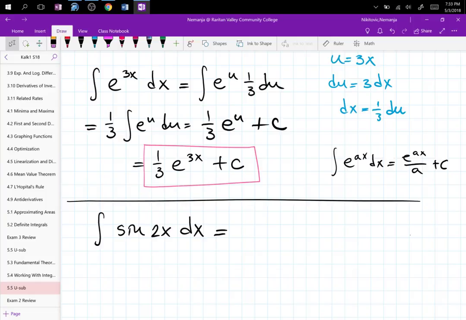I promise you, under the top of it, it's 2x. Because you know how to integrate sines, so as long as the computer doesn't push to you.